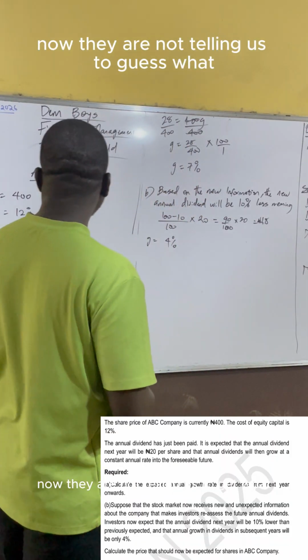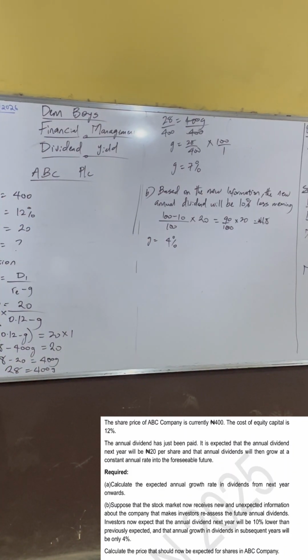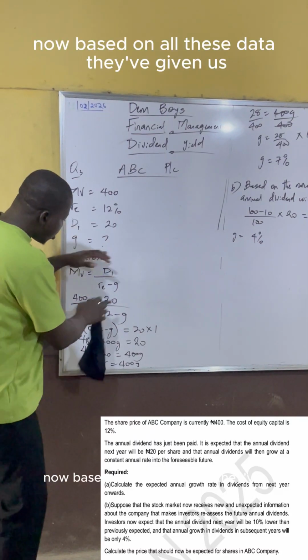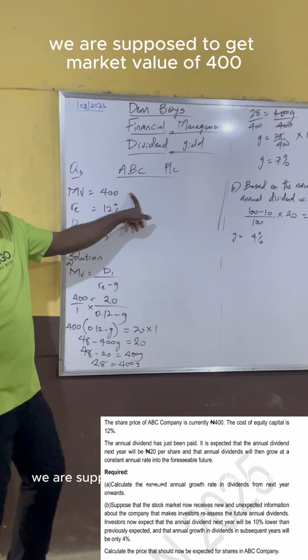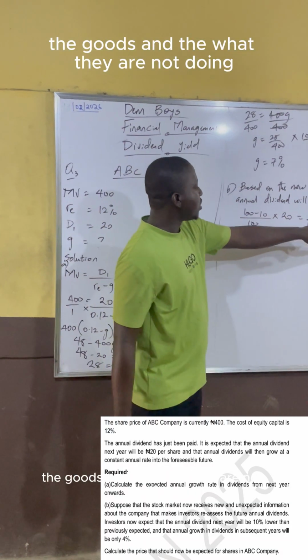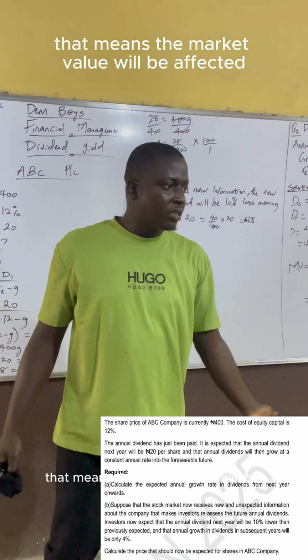Now, they are telling us to get this market value. Based on all this data, we were supposed to get a market value of 400. But there is an adjustment on the growth and the annual dividend. That means the market value will be affected.